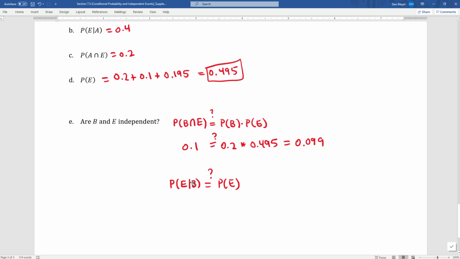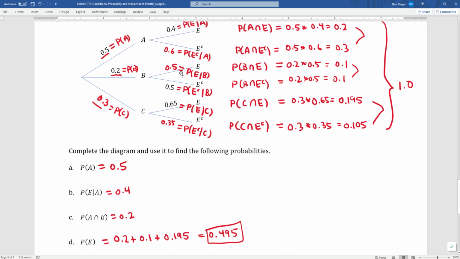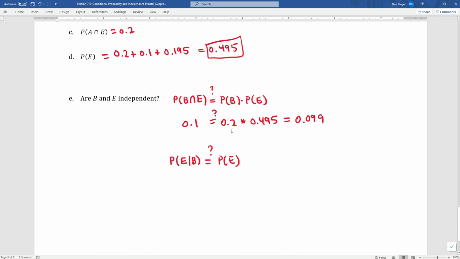It's kind of our definition for these events are independent. The probability of E given B was 0.5. And the probability of E itself we computed to be 0.495. So that doesn't work either.